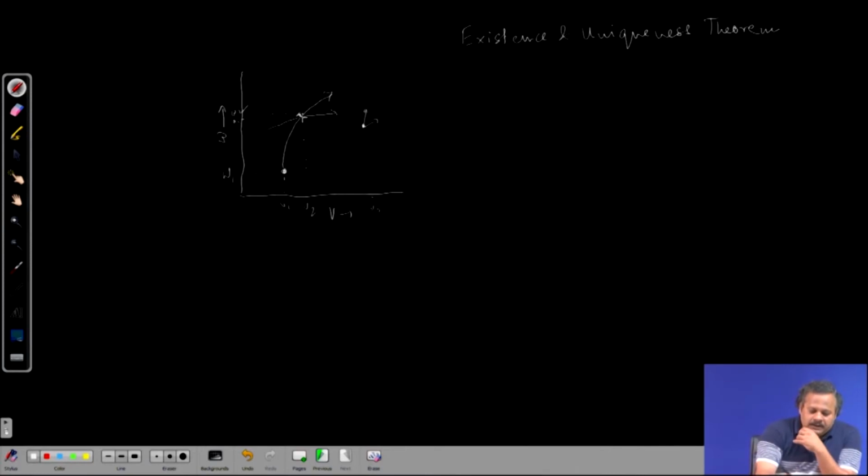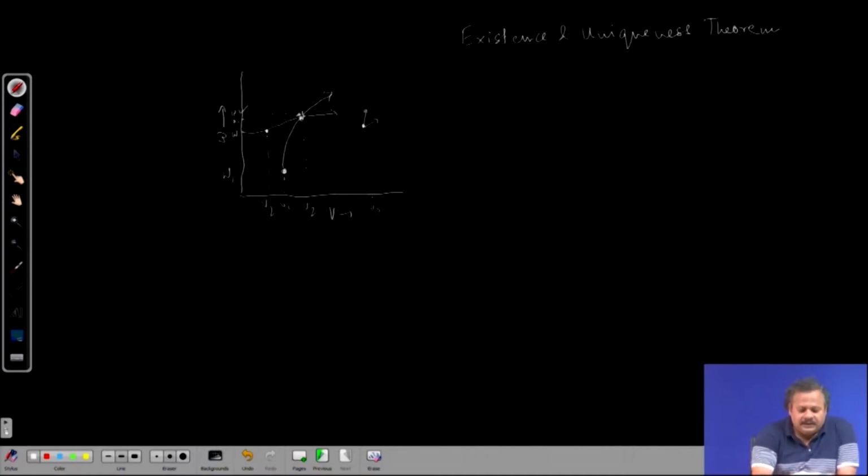So, just applying the theorem that we learned, I'm sorry, this is V2 and W2, and this is the intersection point, the assumed intersection point.